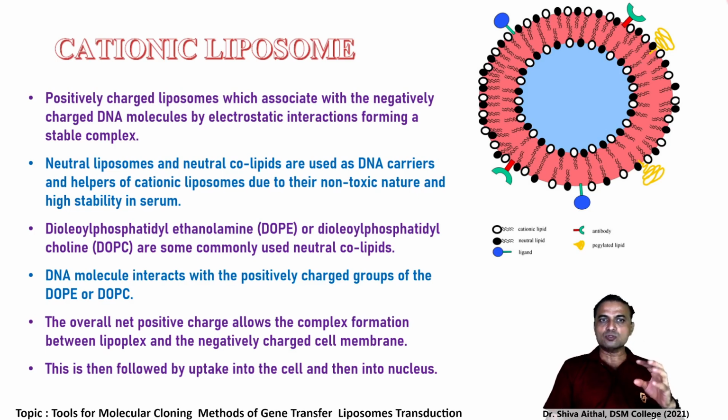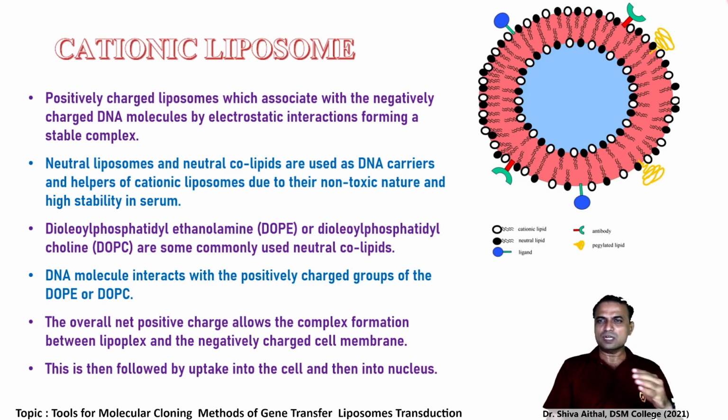Then neutral liposomes and neutral colipids are used. Here it is very important because when all these things are mixed in a buffer solution, the buffer solution imparts a charge on this. So neutral lipids, neutral liposomes or neutral colipids are used as DNA carriers, and helpers of cationic liposomes are used because they are non-toxic in nature and have high stability in the serum when introduced inside the human body for gene therapy or drug targeting.